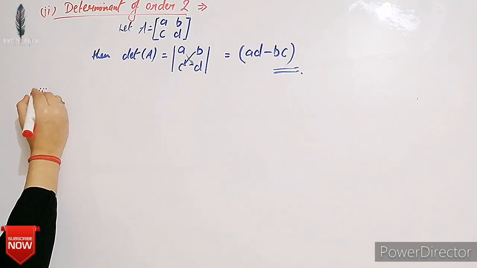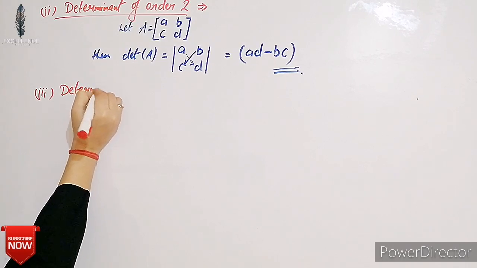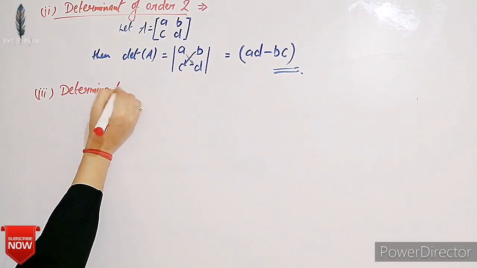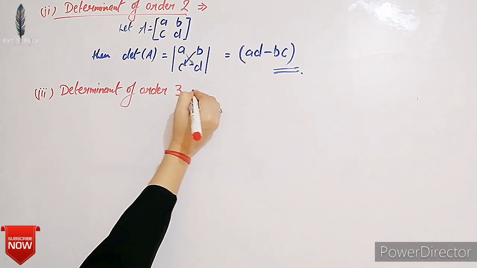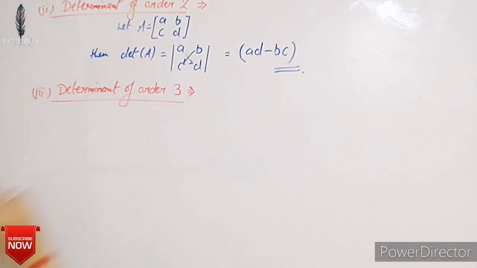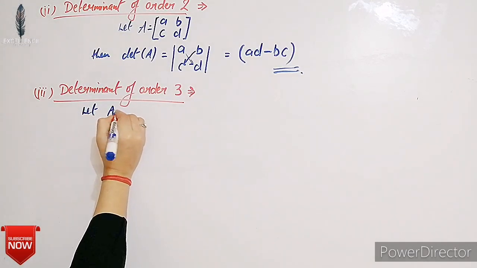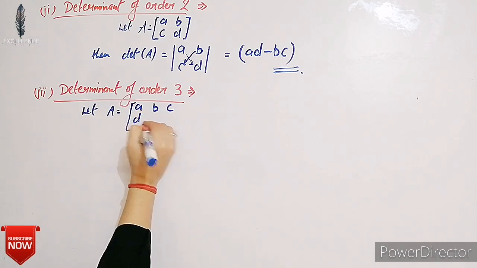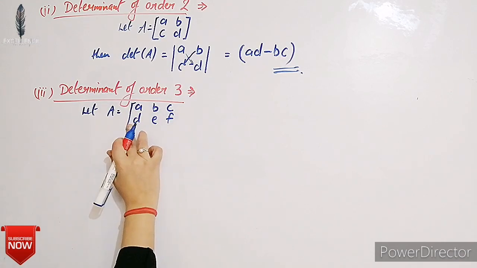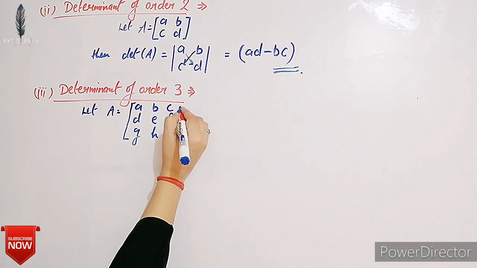Next is determinant of order 3. Here let us have a matrix A of order 3, that is a, b, c, d, e, f, and the last row is g, h, i.